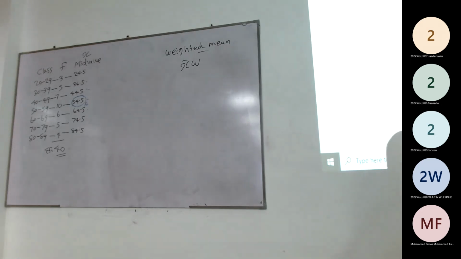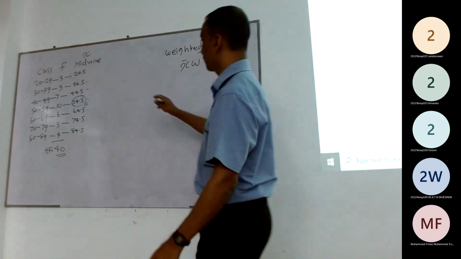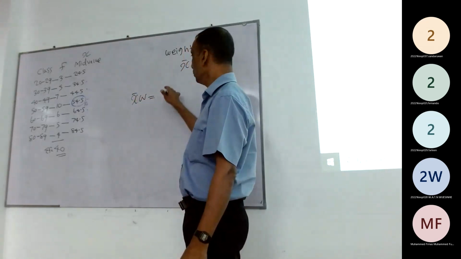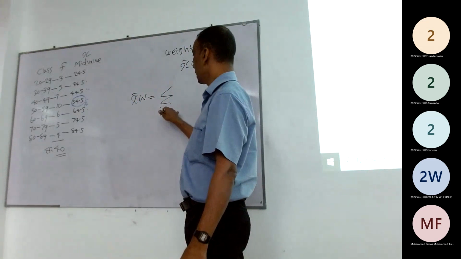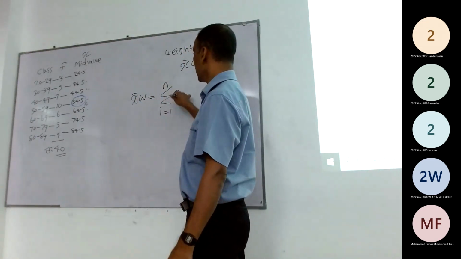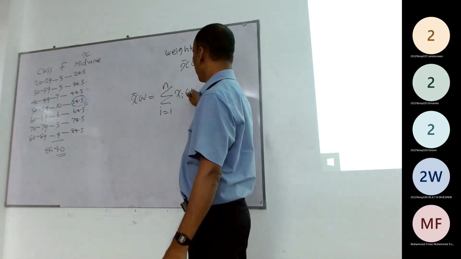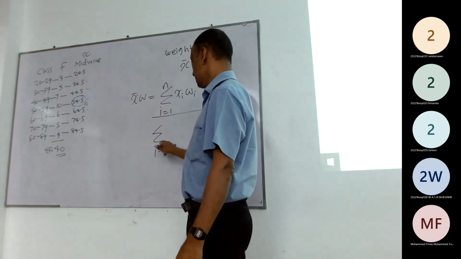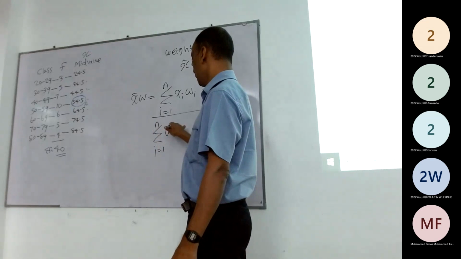The formula is given below. X bar w equals the sum from i equals 1 to n of x i times w i, divided by the sum from i equals 1 to n of w i.